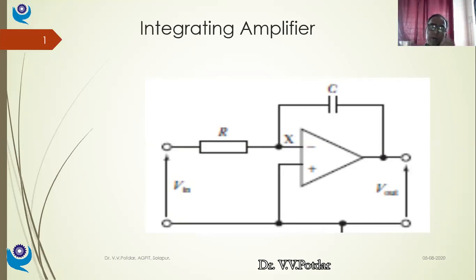Now, as a control requirement, suppose I want to have the output voltage as the sum or average of the voltages for the past 1 hour. So this OpAmp can do that integration here. It will take the voltages at different time intervals, add them together and give it as the output. That is the meaning of this OpAmp.